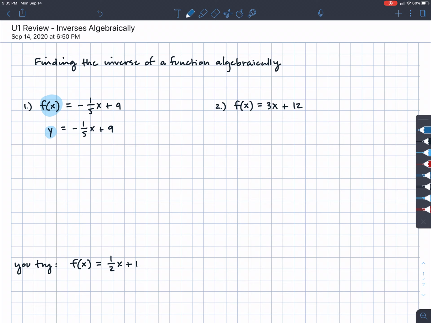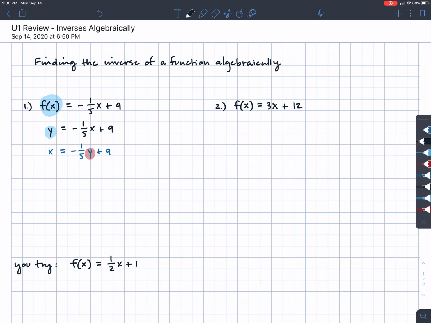So now, and I'm going to do this in a new color, we have x is equal to negative 1/5 y plus 9. So at this point, what we're trying to do is get y by itself. So I'm going to manipulate some terms to get y by itself.